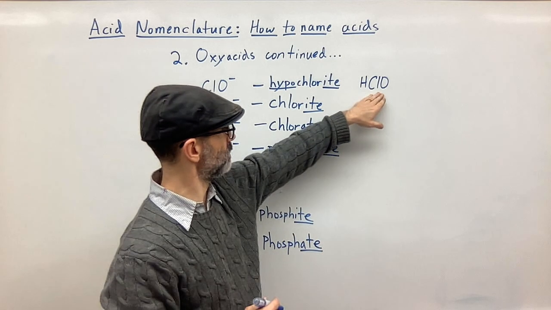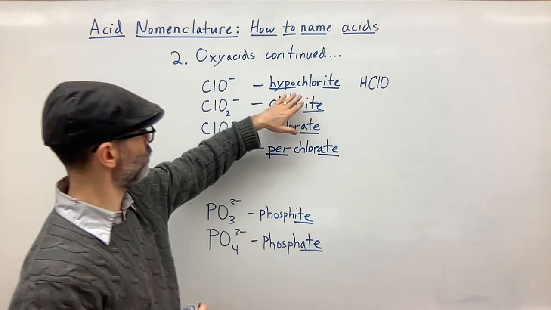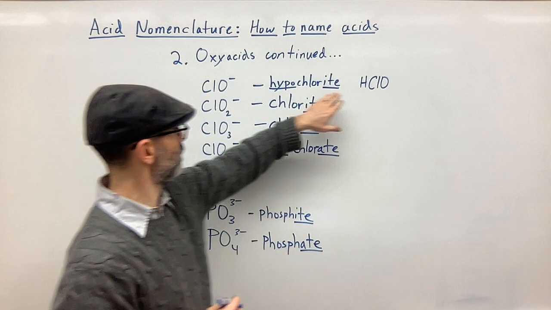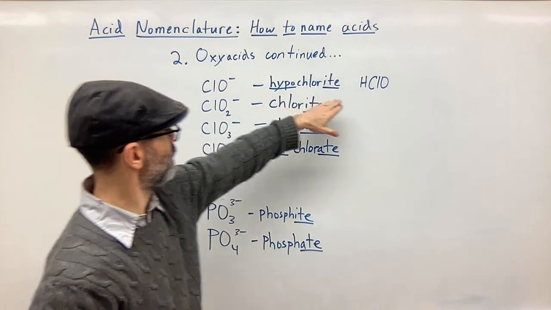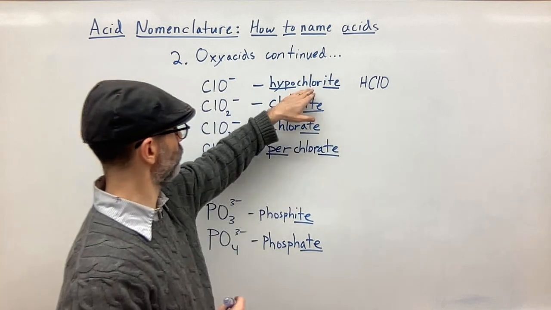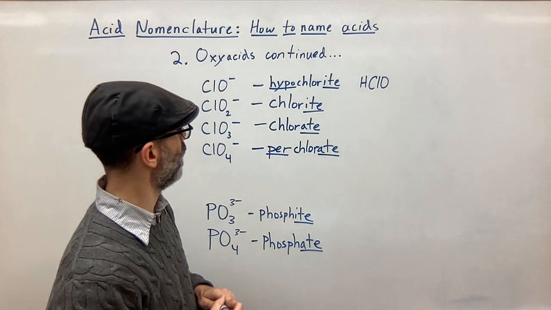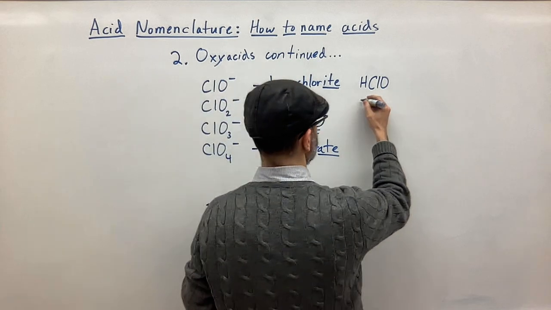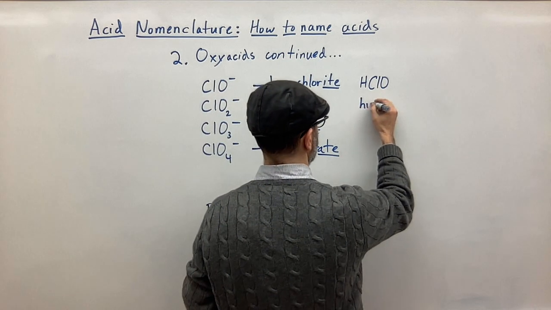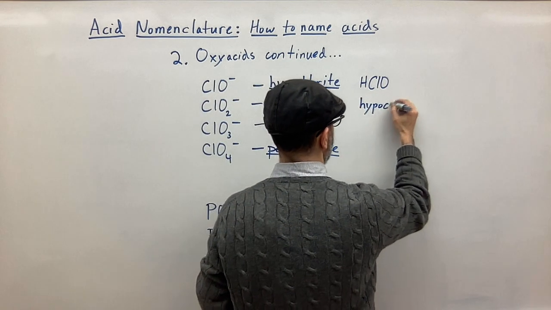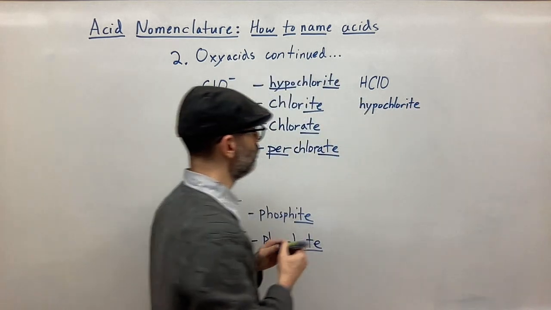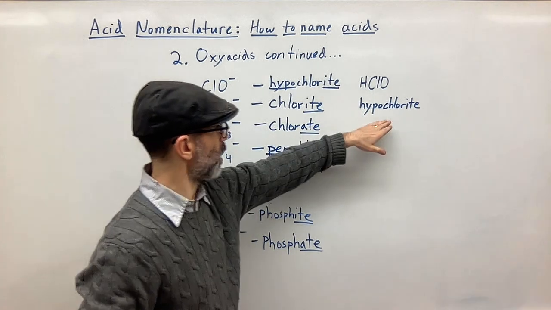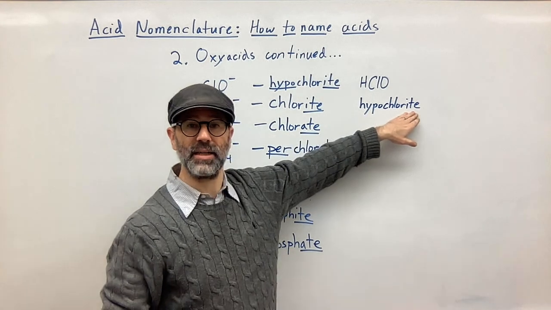So in this case, I'm going to name this acid by its polyatomic ion. So here its polyatomic ion is ClO, so that's going to be hypochlorite. So I start with that name, hypochlorite. And then I'm going to drop the ITE ending.